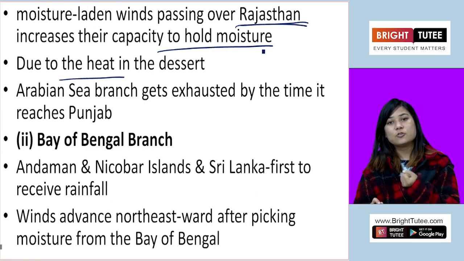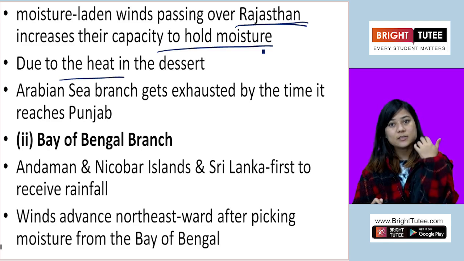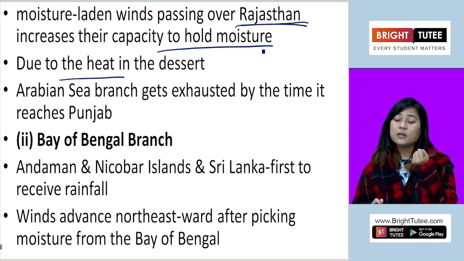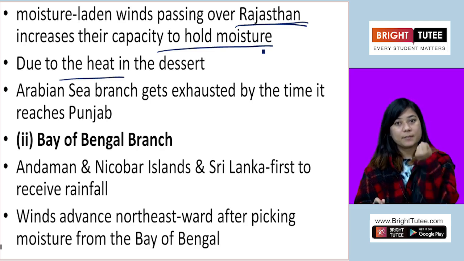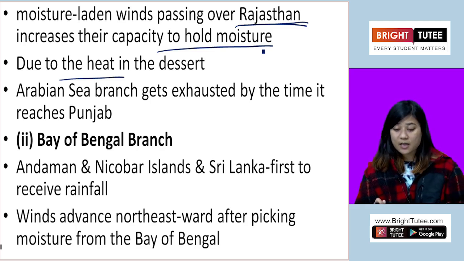It does not let the moisture break and cause rainfall, but rather the heat leads the wind to hold on to the moisture even more tightly. Because of that, the desert areas of Rajasthan do not receive any rainfall.